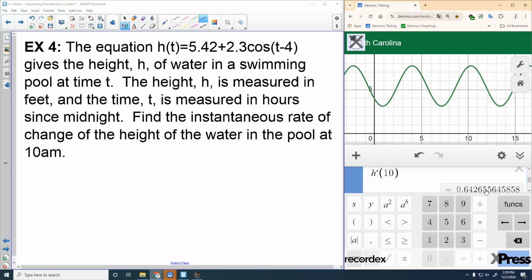So if you're doing a problem like this, and it is calculator active, you do not have to show that you plugged that number in any way except for h prime of 10 ≈ 0.643. I'm using squiggly equals because I rounded.